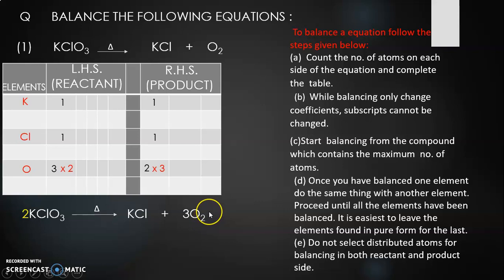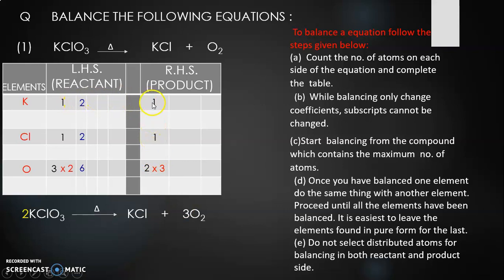Let's count the atoms again. What do we see now? We have now 2K, 2Cl, 2 3s are 6 oxygen. Going on the product side, we have only 1K, 1Cl and 3 2s are 6 oxygen. So again, potassium and chlorine are unbalanced.